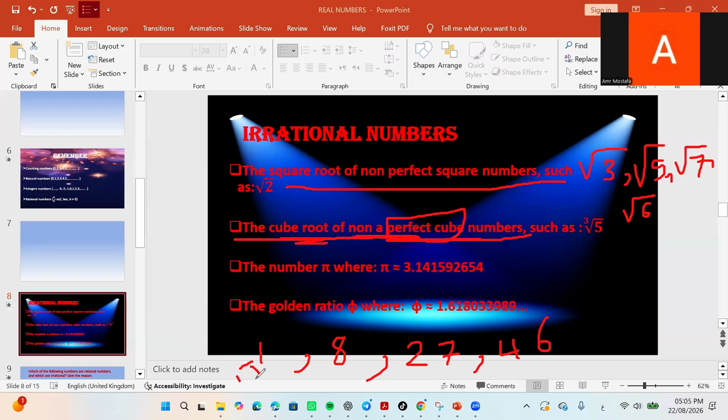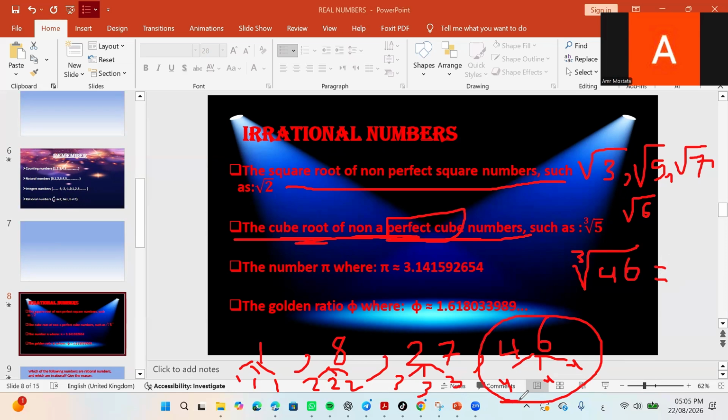1 is 1 by 1 by 1. 8 is 2 by 2 by 2. 27 is 3 by 3 by 3. 64 is 4 times 4 times 4. So the cube root of 64 equals 4.